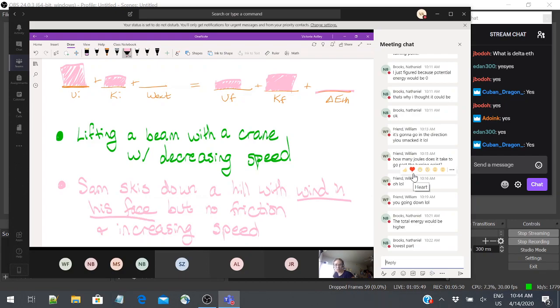All right. A wind in his face. How do I represent the wind in his face? Through external work, yeah. I'm going to make this a little smaller. He's pretty much at the bottom.